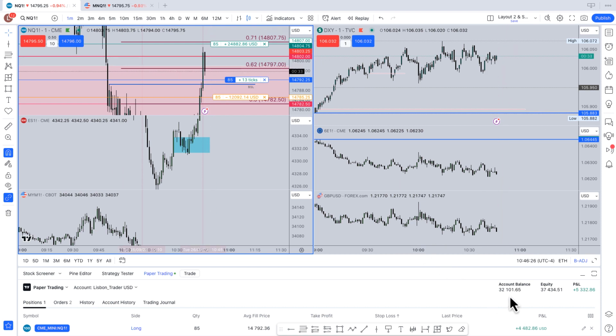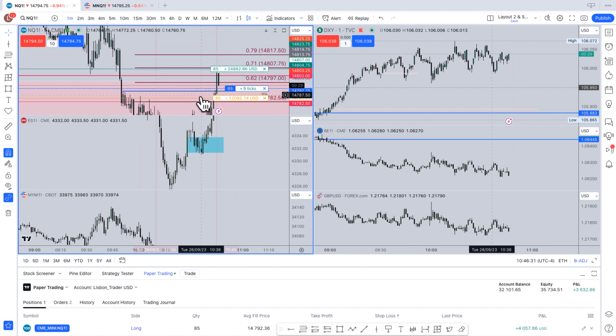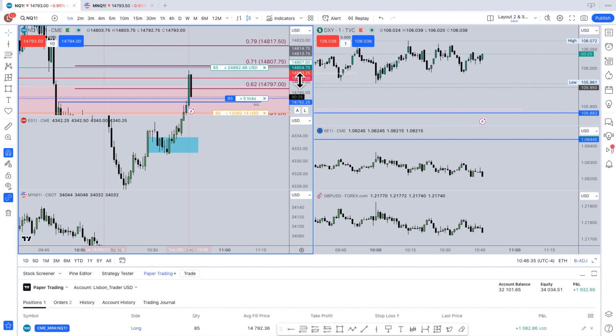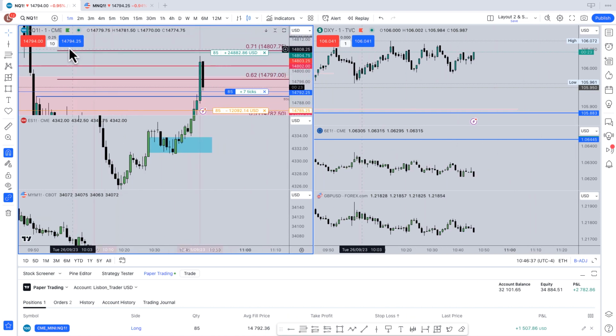So 32. We were closer to 50. 32, 24. Let's reduce some risk. And now buy.